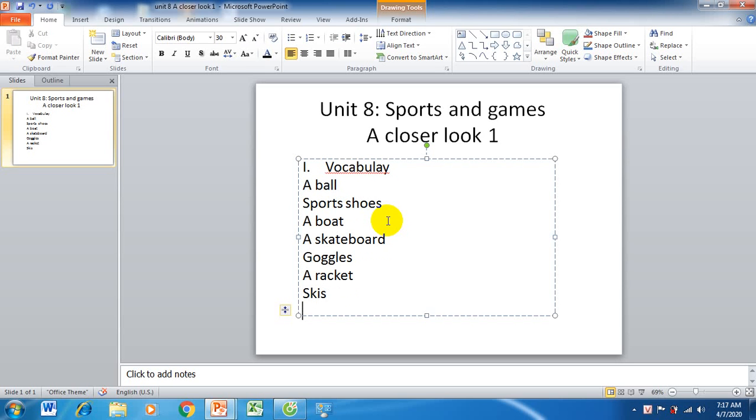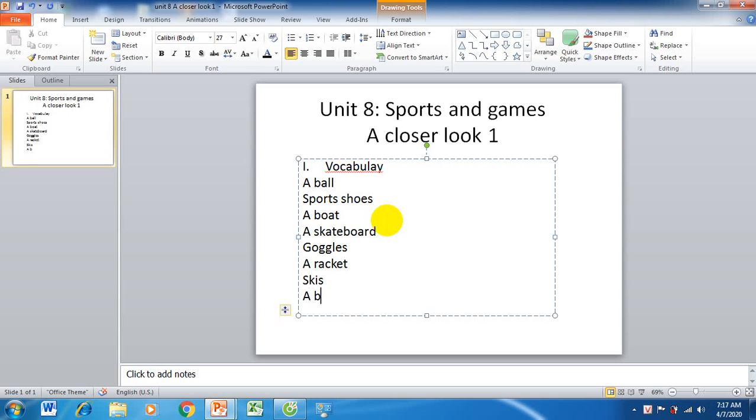And the last was a bicycle. Okay, you can add more things. A ball, sports shoes, a boat, a skateboard, goggles, a racket, skates, a bicycle.